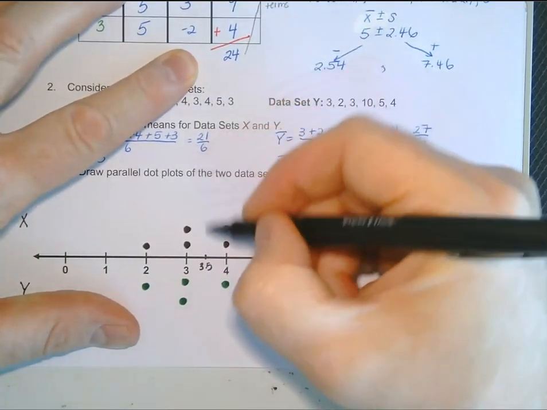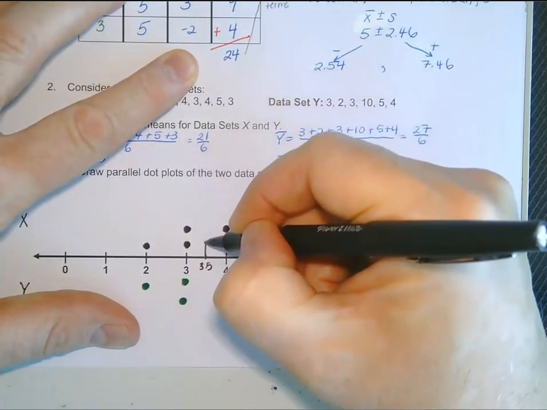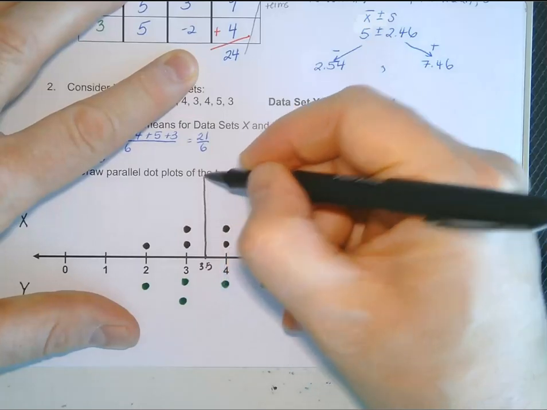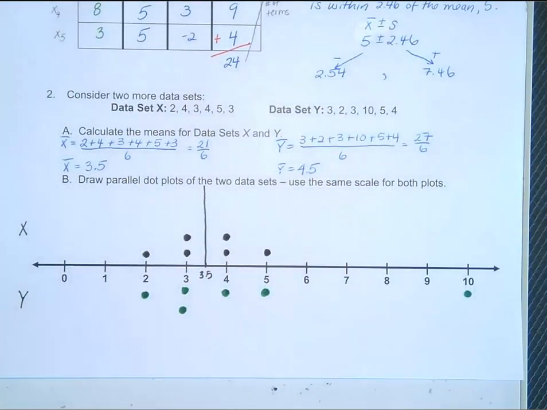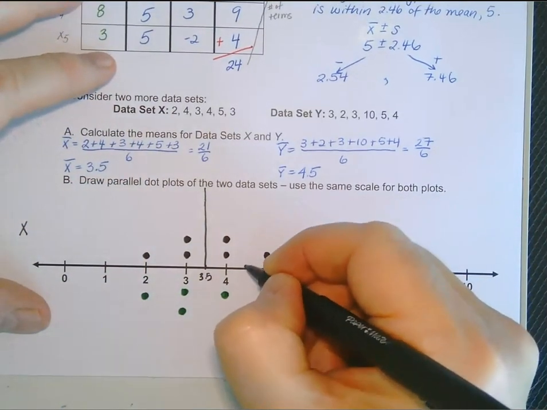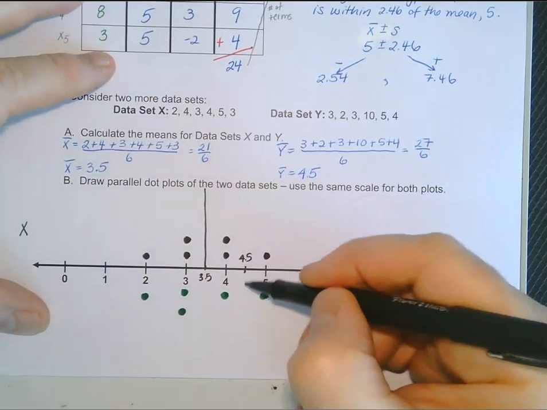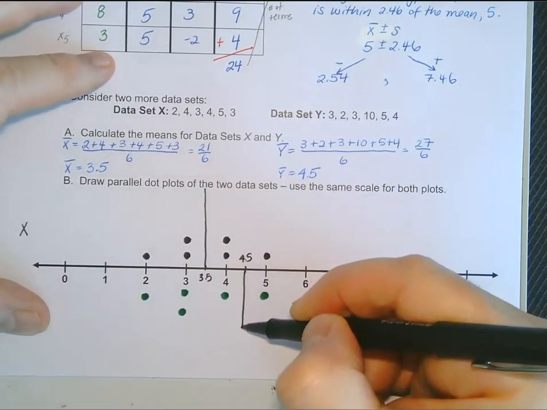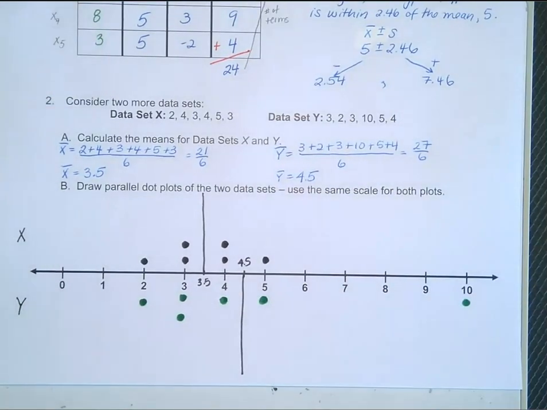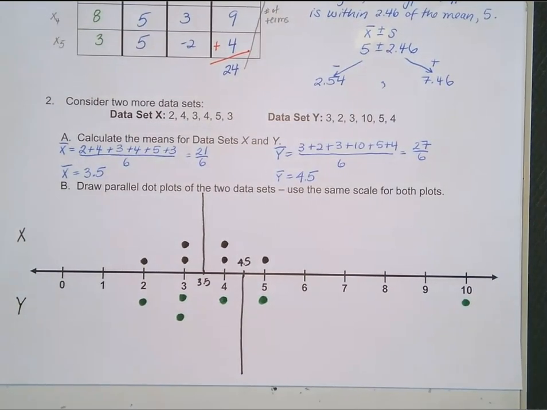Do you agree? Then I'm going to draw a vertical line as high up as I can go here. And for Y, it was 4.5. So I'm going to put 4.5 here, and then draw a line going all the way down here. Okay, are we good with that?